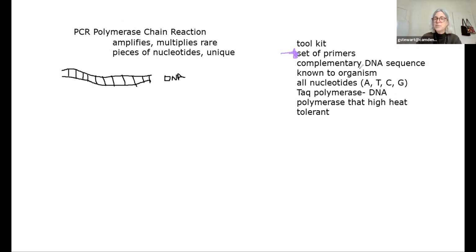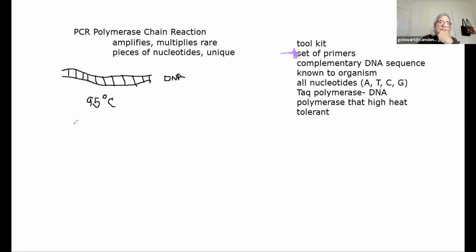So the primers are going to be specific for the virus, right? So what you do is you collect the DNA and you lyse the cells so the DNA is released. And then you put it into a container at 95 degrees Celsius, not Fahrenheit, Celsius.